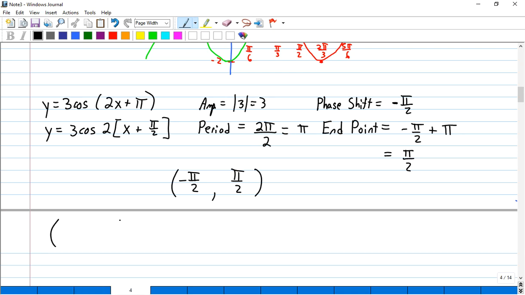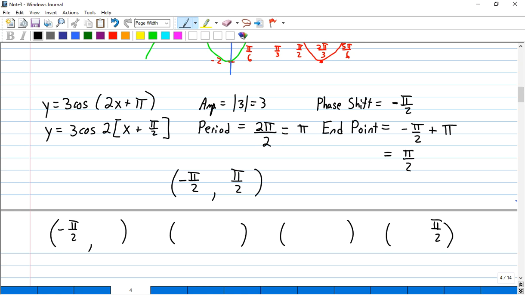And from that, we're going to form 4 subintervals. One thing we know for sure is we're going to start at negative pi over 2, and we're going to end at pi over 2. Now, how do we get the value that we add each time? You take the period and divide by 4.